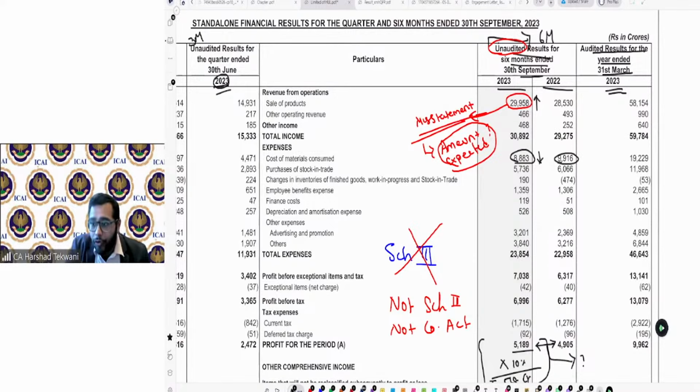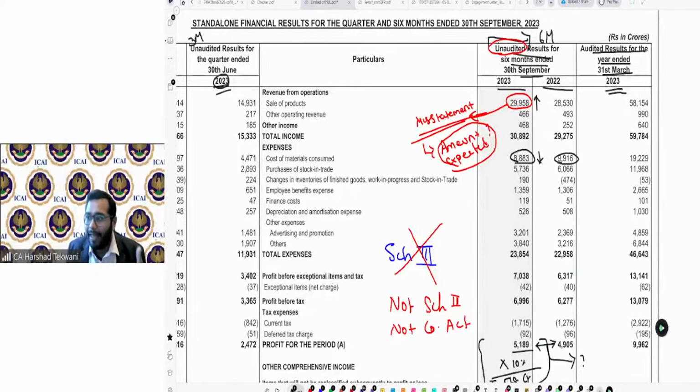That could go further and beyond your inquiry and analytical procedures. And in that case, you need to perform accordingly.